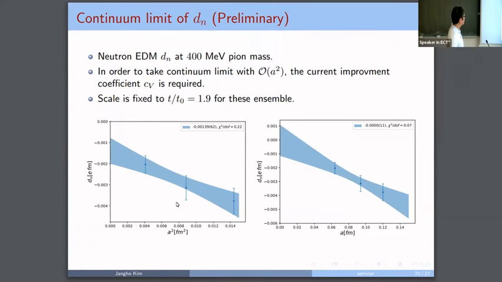One is the linear fit in A square, and the other is in A. To do this A square linear fit, actually we need current improvement. But it's a very preliminary result, and it gives a non-zero value here, and the other fit gives 0 value.